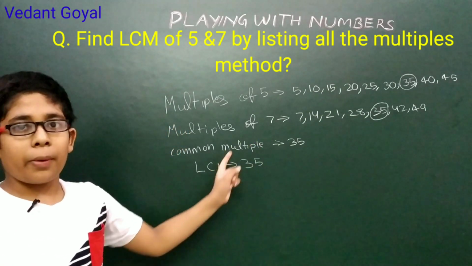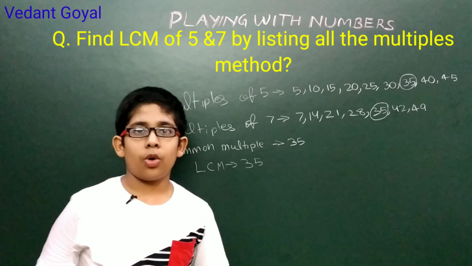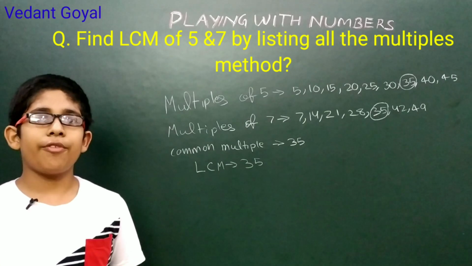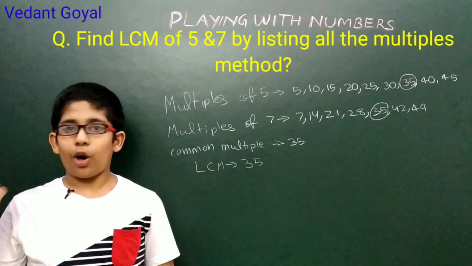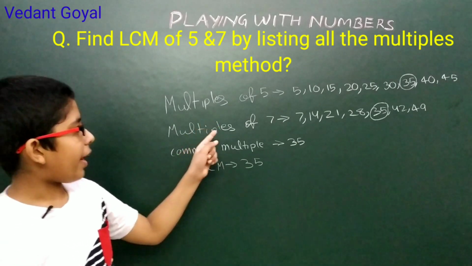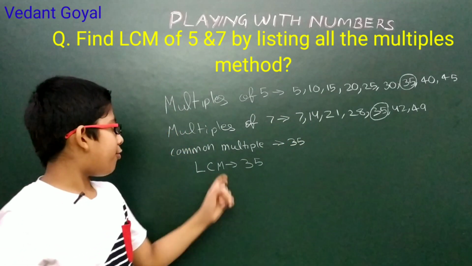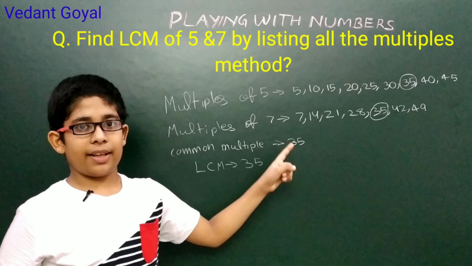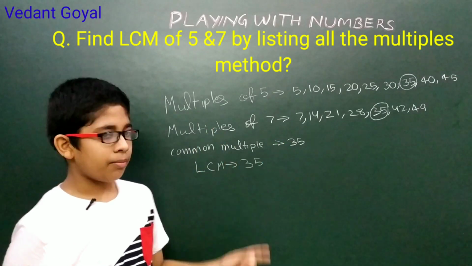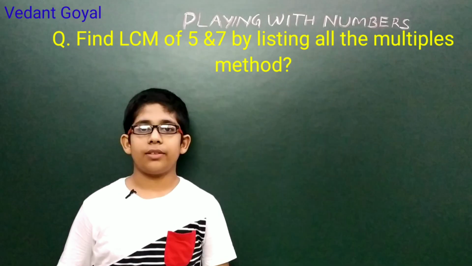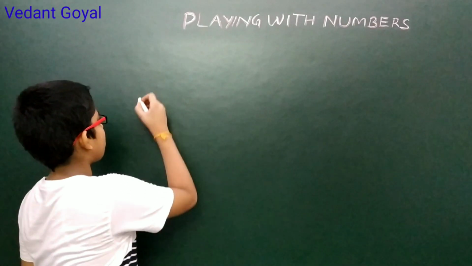So the common multiples are also infinite, but the lowest common multiple is only one. Understood what we have done? First we find the multiples of all the given numbers, then we find the common multiples, and then we find the LCM of those numbers. Understood? Let's take an example.